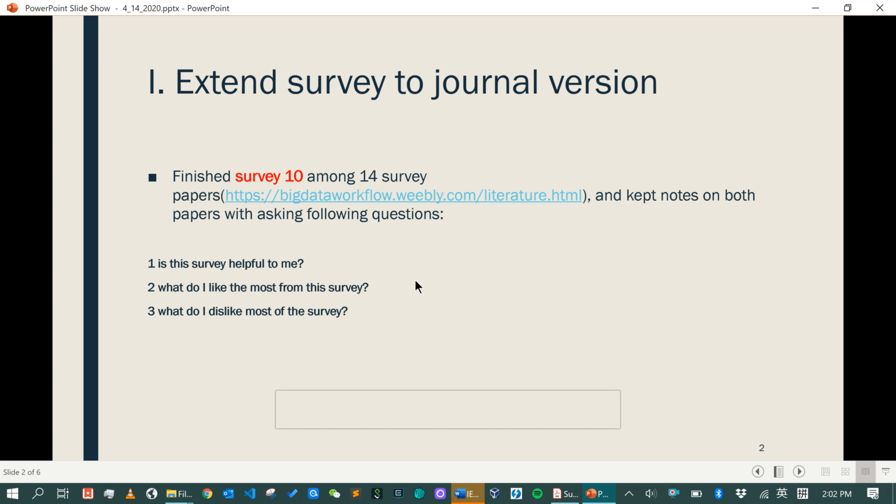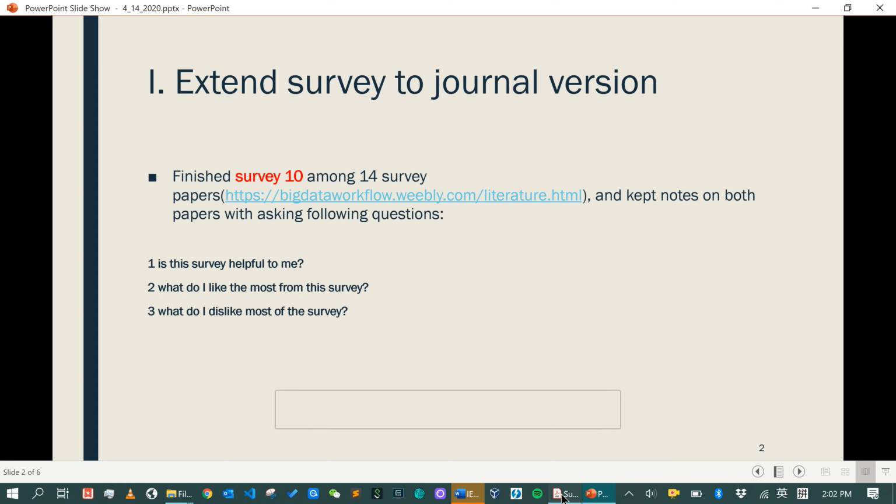For the first item, to extend our previous survey to a journal version, I'm currently trying to read the 14 surveys first, to learn what work has been done. This week I worked on survey 10.